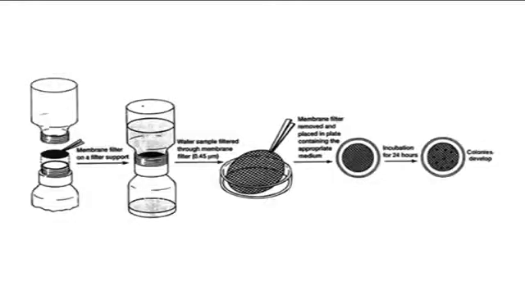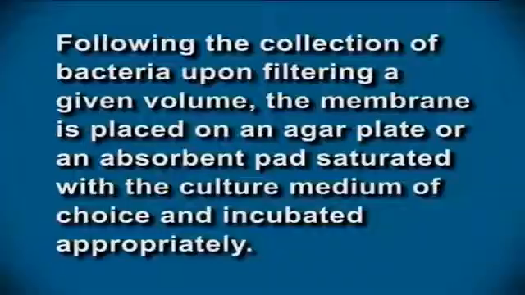Membrane filtration or MF. Membranes with a pore size that will retain bacteria, generally 0.45 micrometer, but allow water or diluent to pass, are used as shown in figure 5. Following the collection of bacteria upon filtering a given volume, the membrane is placed on an agar plate or an absorbent pad saturated with the culture medium of choice and incubated appropriately.